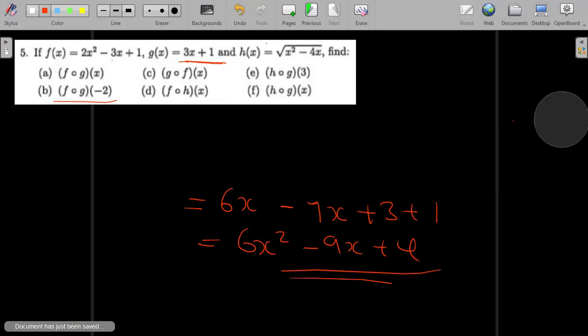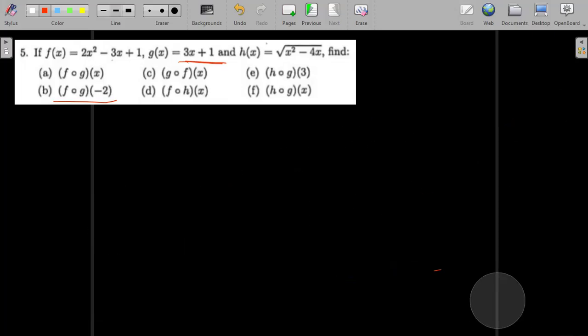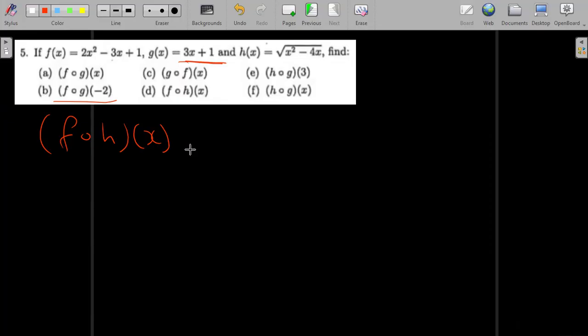Next, I focus on f of h of x. So what is this? This is just f, then h of x. And I'm sure by now you get how this kind of works.